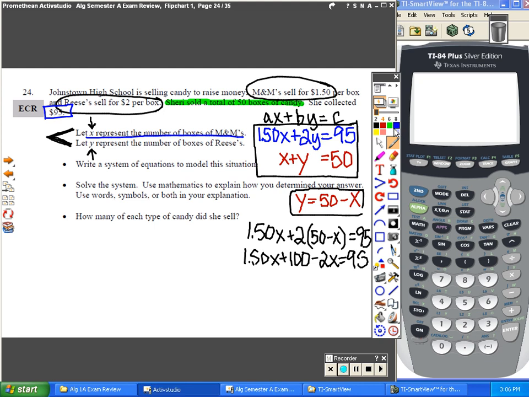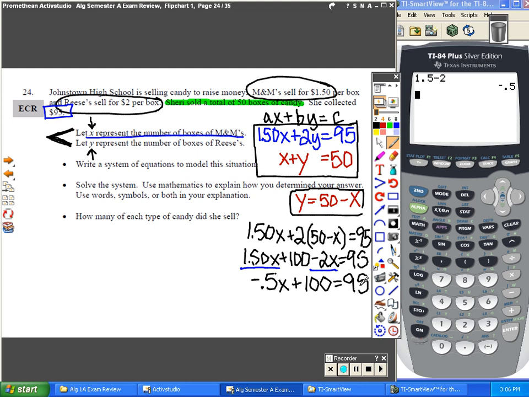You've got two things that are family here. You've got $1.50x and minus 2x. So $1.50 minus 2 would give you negative 0.5, or negative 0.50x, plus 100 is equal to 95.